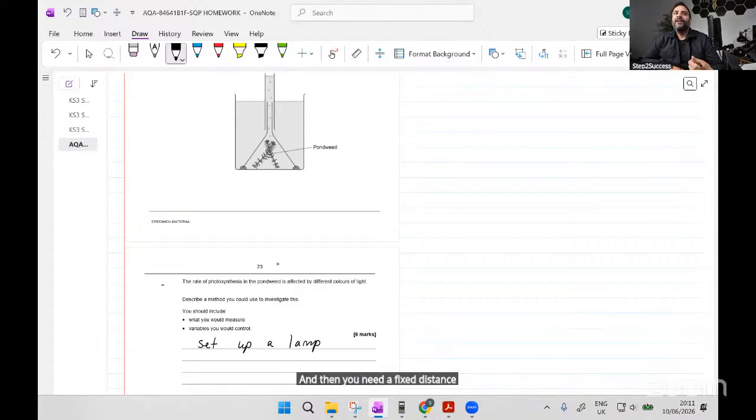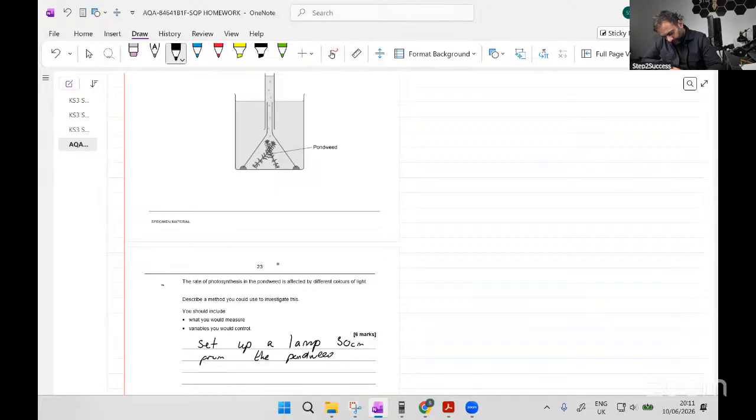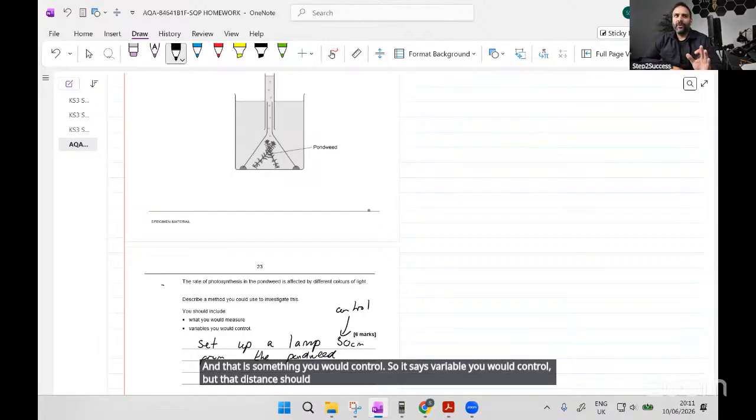So let's say 30 centimeters from the pondweed. And that is something you would control. So it says variable you would control. That distance should stay the same because you're not trying to change the intensity of the light. You're just going to change the color of the light.